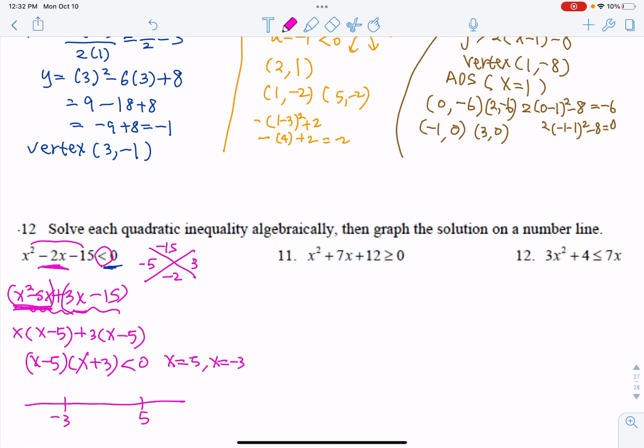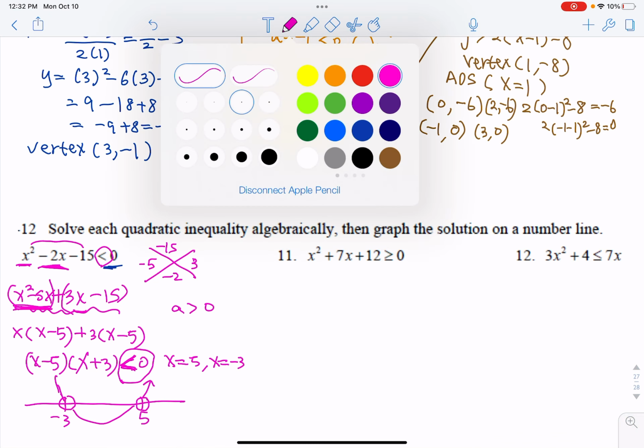And this time, if it doesn't have an equal sign here, the inequality has only less than, then the parts that make it 0 should not be included. So it will be open circles. And then look at the x squared term, the leading coefficient is positive. So I can say the graph looks like maybe this way, like that.